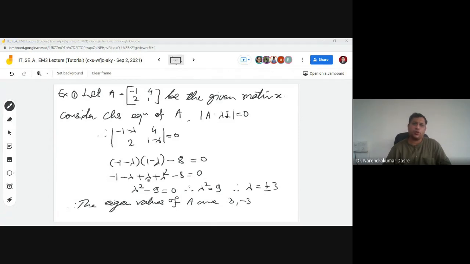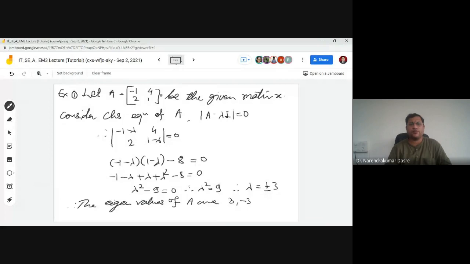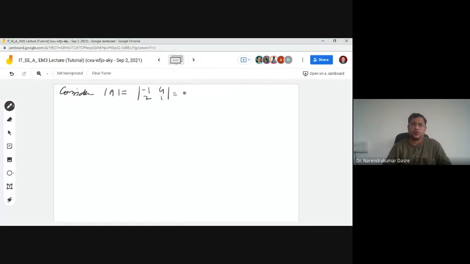Okay, and now we have to think of the determinant of this. Consider determinant of A. What will we have here? -1, 4, 2, 1. And what is the value of the determinant for this? So it is going to be -1, -8, and that's going to be -9.